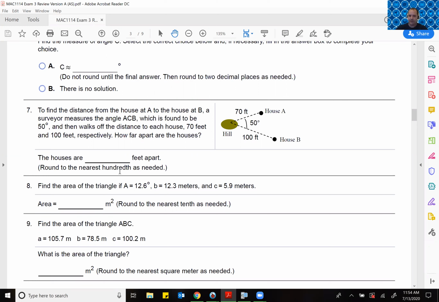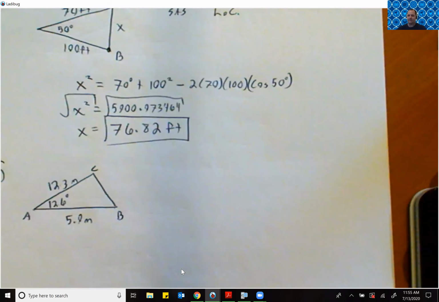So if we're looking at number 8, and I draw a quick picture, A, C, B. I know angle A is 12.6 degrees, little b is 12.3 meters, little c is 5.9 meters. This is definitely side, angle, side.